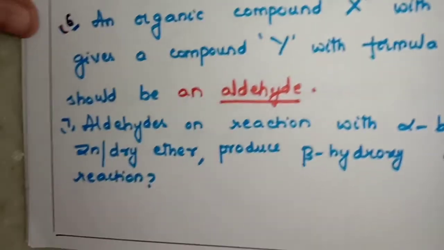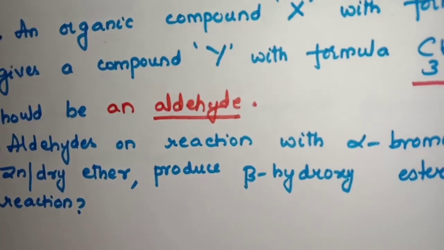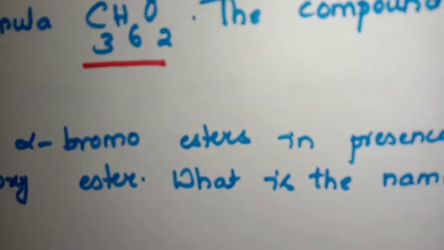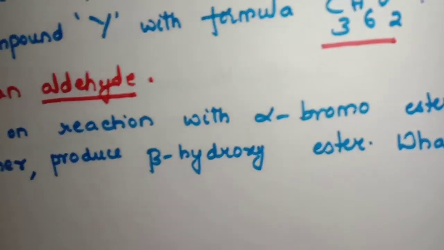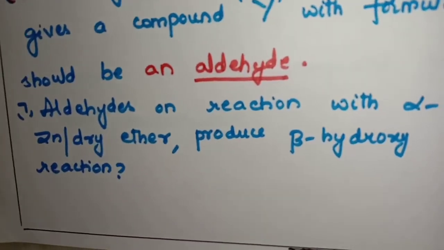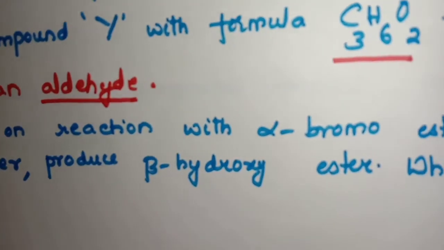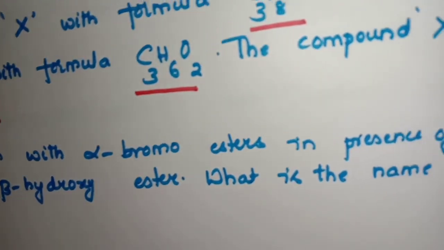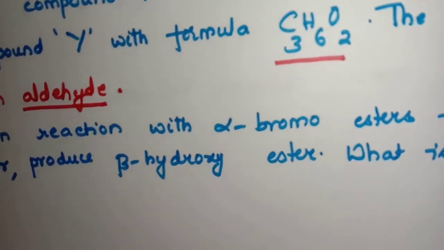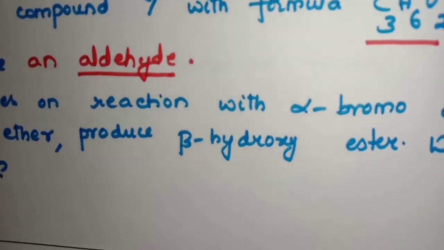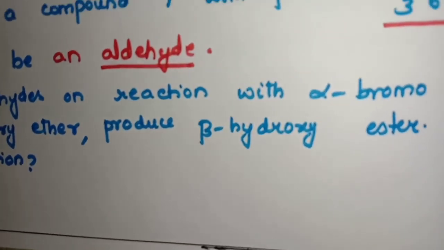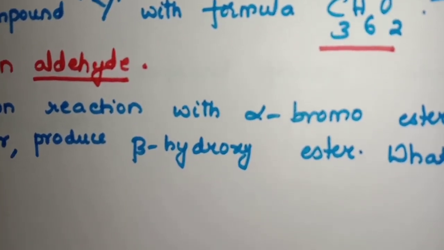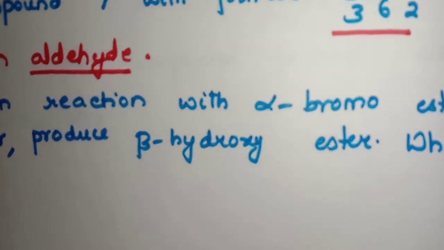Okay. Next question. Aldehydes on reaction with alpha bromoesters in the presence of zinc and dry ether produce beta hydroxy esters.